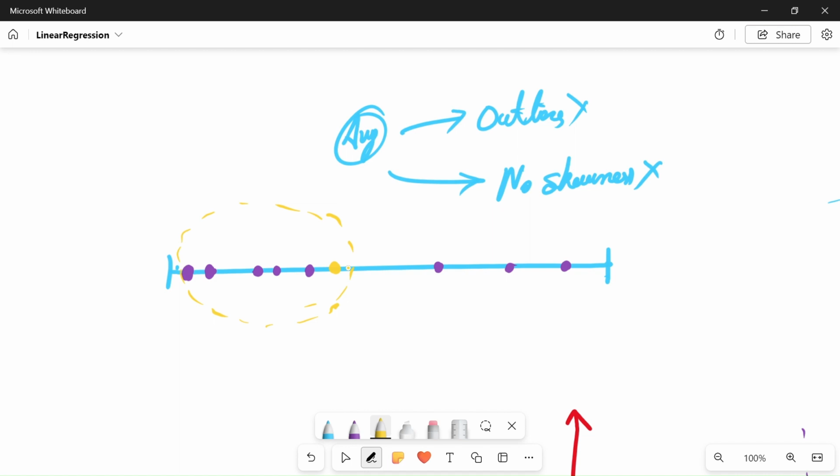So when you take out an average point, it represents the majority, right?